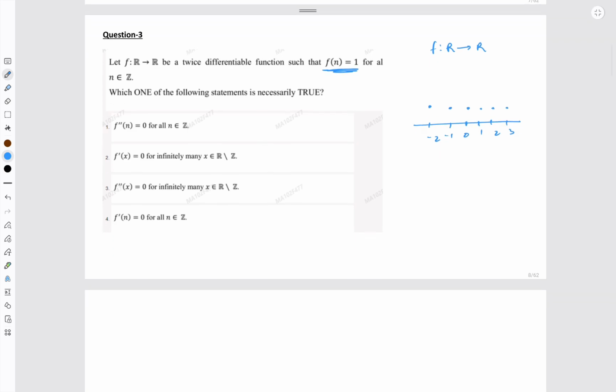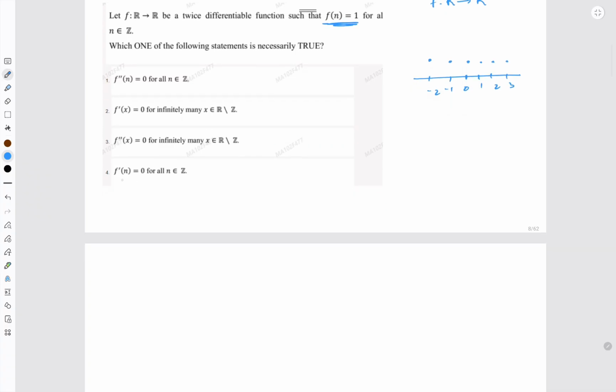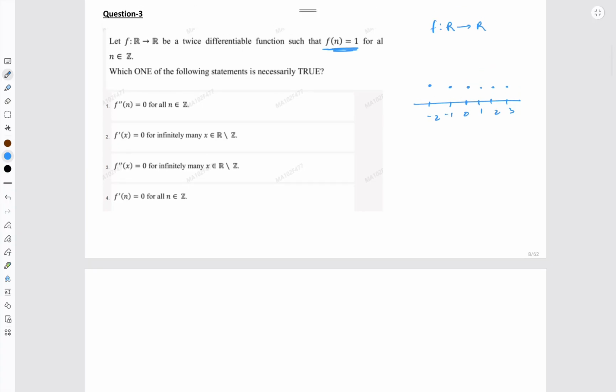Now if you want to check the option, let us try option 4. F dash of n is equal to 0 for all n belonging to integers. Is that true, guys?